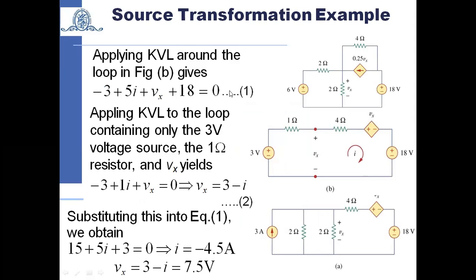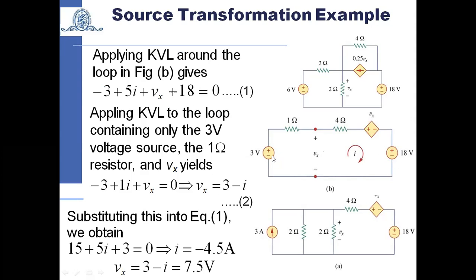So you can see here, if we apply KVL around the loop in figure B, you will get the equation like -3, because taking clockwise, plus 1 into I, plus 4 into I. I have written directly 5I, plus Vx, because we are going from positive to negative clockwise, plus 18, because it is also from positive to negative.